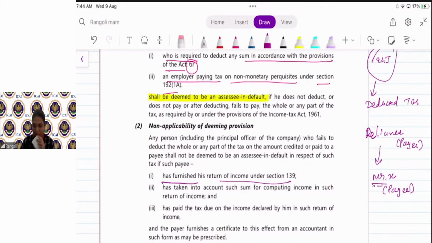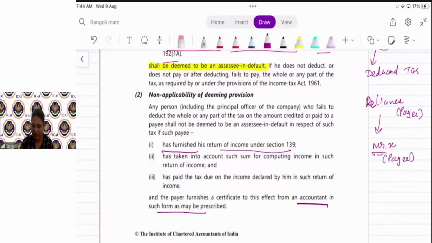And to this effect, the payer needs to obtain a certificate from a chartered accountant in the prescribed form that the payee has already offered that income in his return of income and has already paid tax on that income. Then only the payer will not be considered as assessee in default. Otherwise, the payer will be considered as assessee in default and actions are taken against the payer.